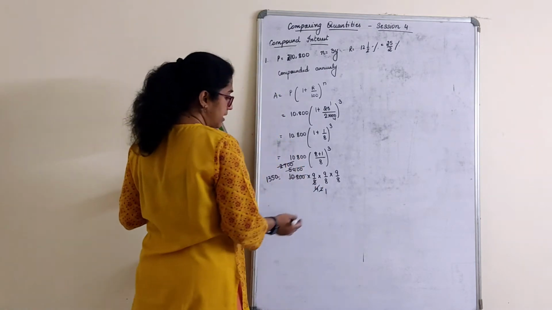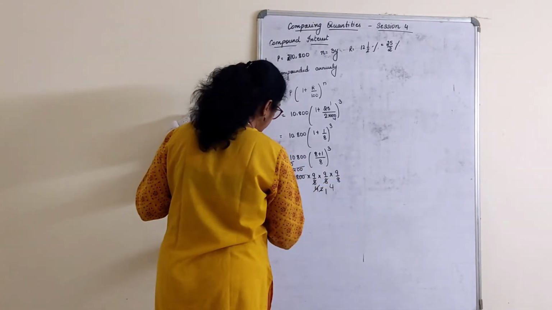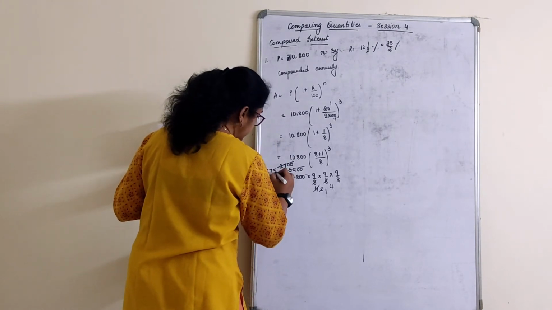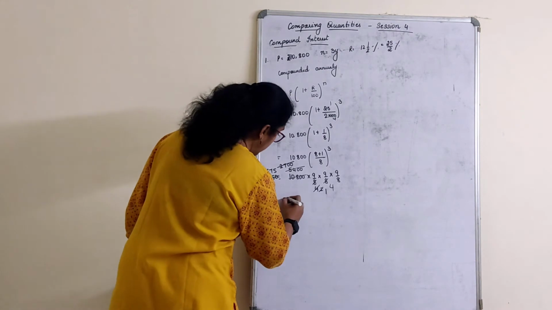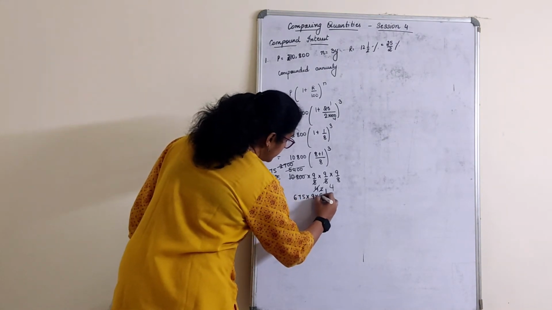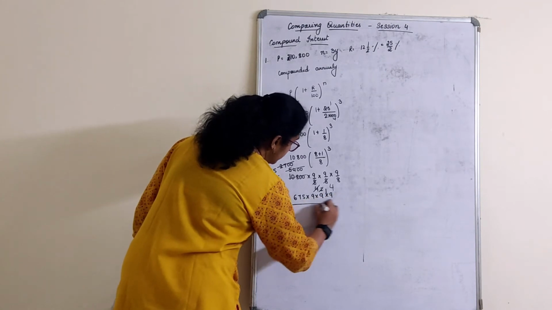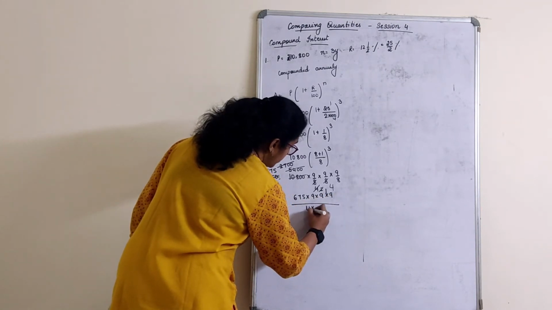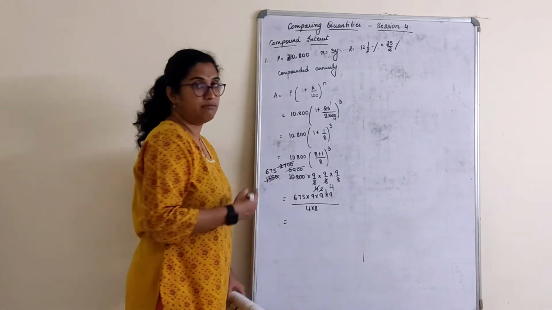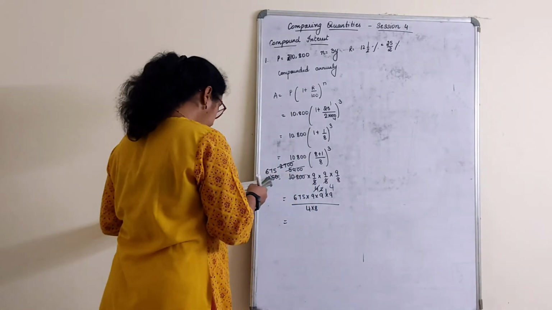Try to cancel as much as possible. No more further calculation. 675 into 9 into 9 into 9 divided by 4 into 8. Go with regular multiplication, then divide by 32.